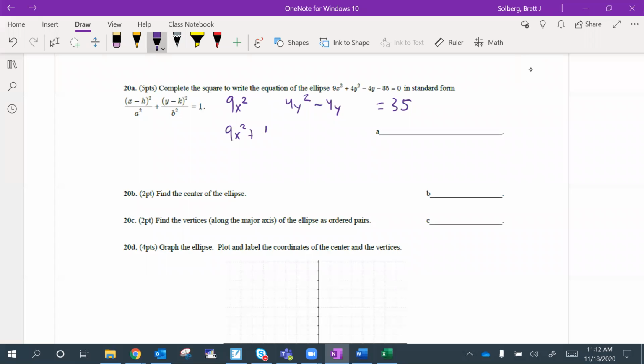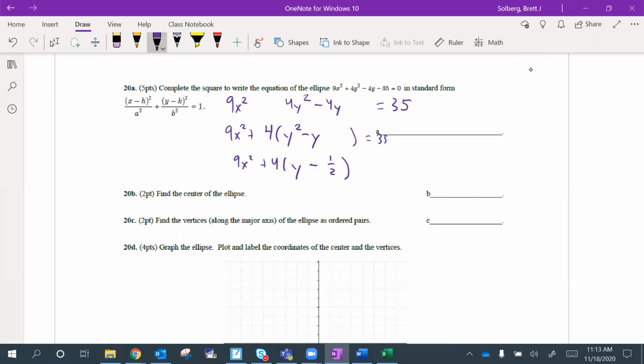So I would bring out the 4, and I would leave you with y squared minus 1y. And then you complete the square. So it would be 9x squared plus 4 times y minus 1, and it's going to be 1/2. Good job.